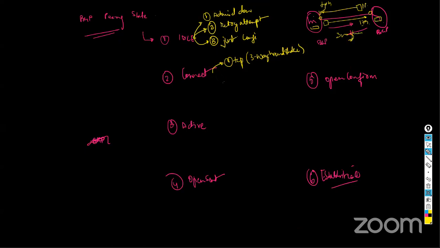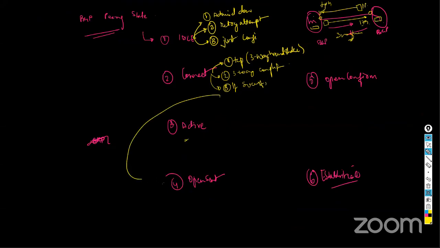What else do we see in this? In this, I wait for the three-way handshake to get completed. If the three-way handshake goes successfully, I will move on to the next step.